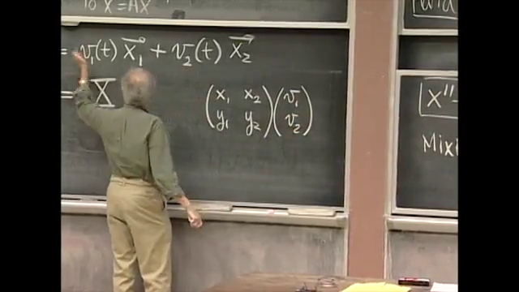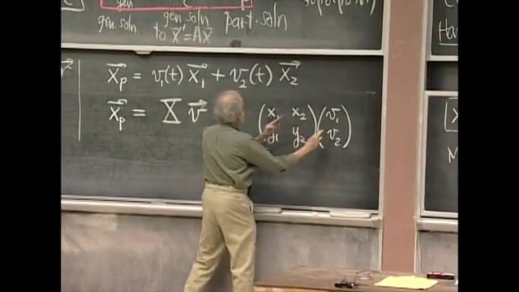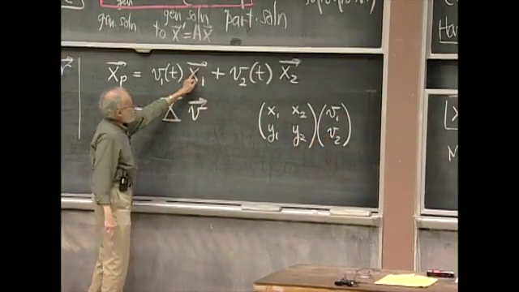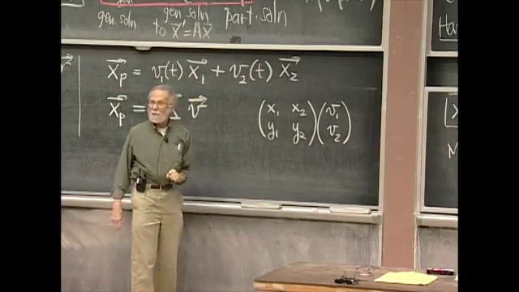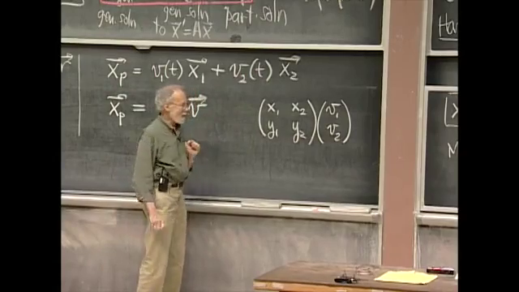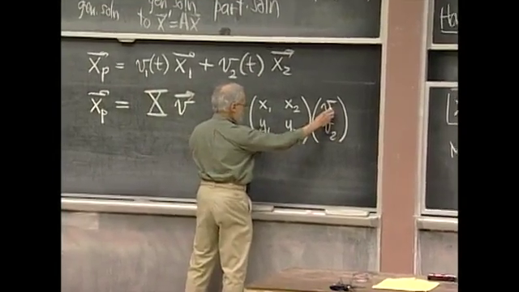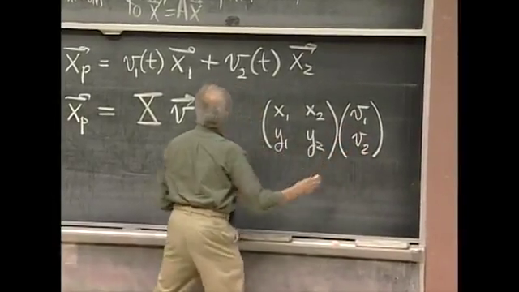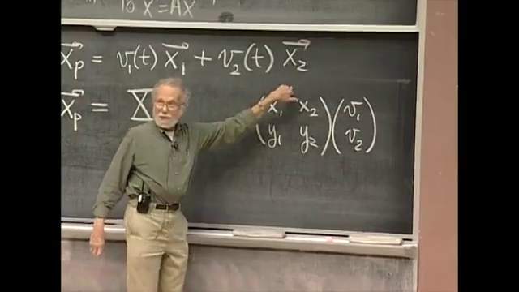Look, the top is x1 v1 plus x2 v2. It's in the wrong order, but multiplication is commutative, fortunately. And the same way, the bottom will be v1 y1 plus v2 y2.